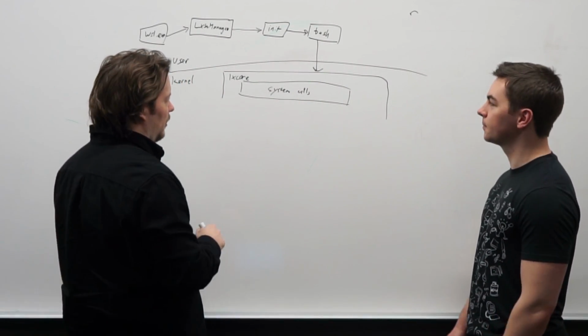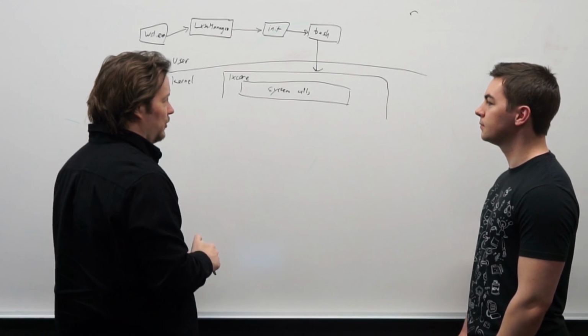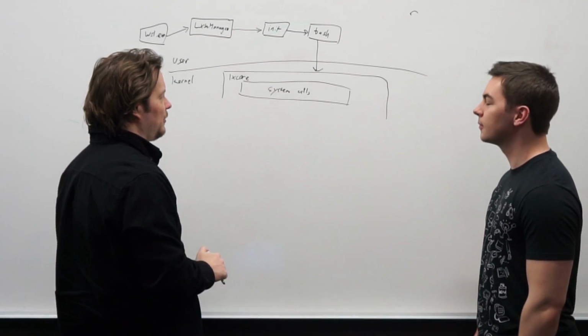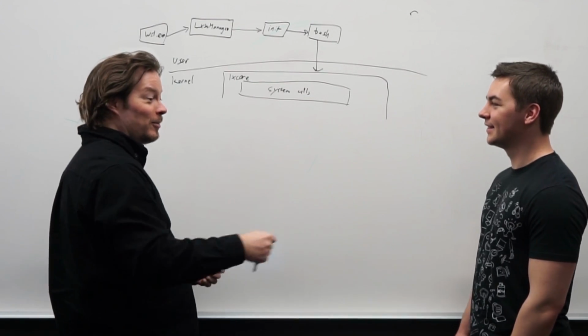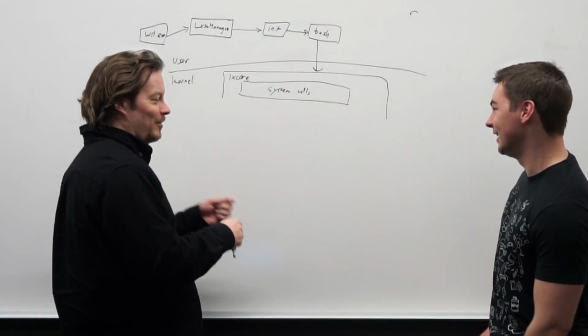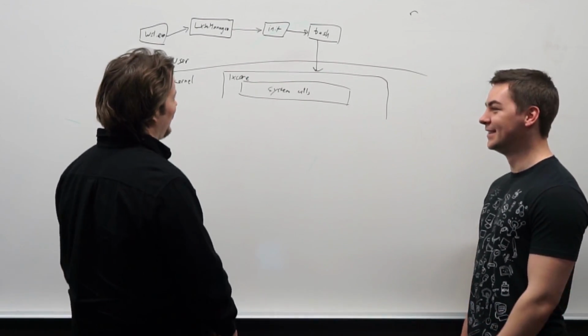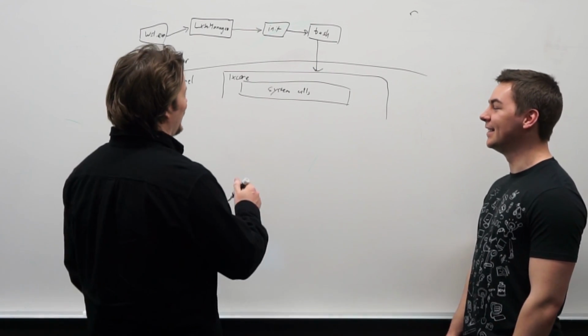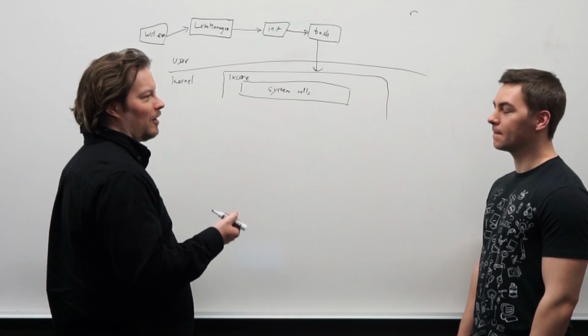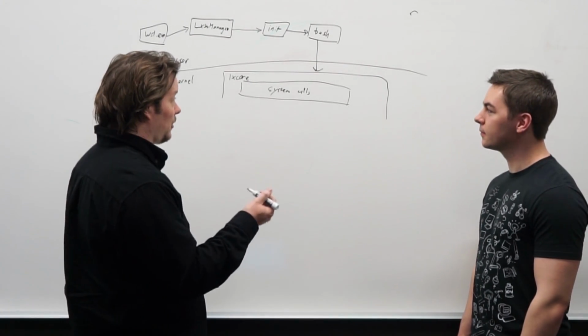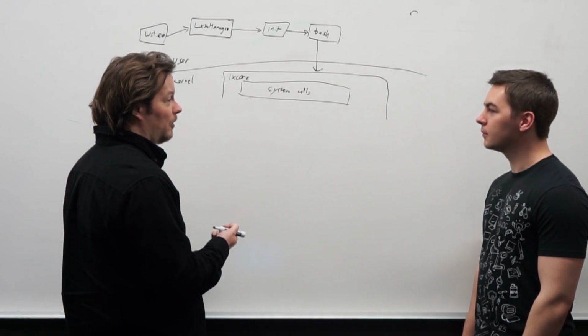A lot of stuff we have to do inside of Lxcore because of all the differences. If it was as easy as saying this Linux system call maps to this system call in Windows, it would be a lot less work. Especially on the file system side, there's a lot of stuff we need to emulate inside of Lxcore.